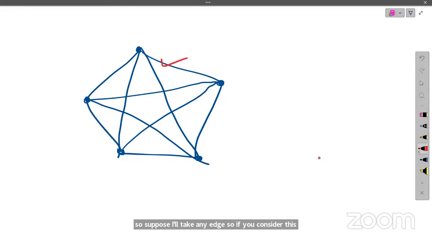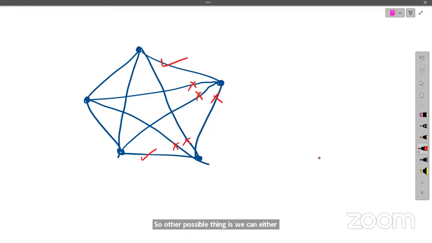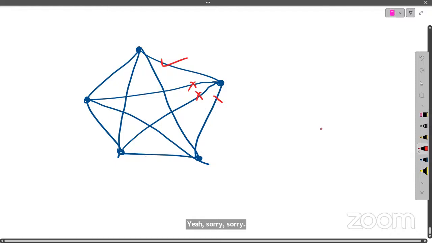If we take this edge, then these three edges are cancelled and we cannot take them. So yes, I'm correct that in this graph, we don't have a perfect match.